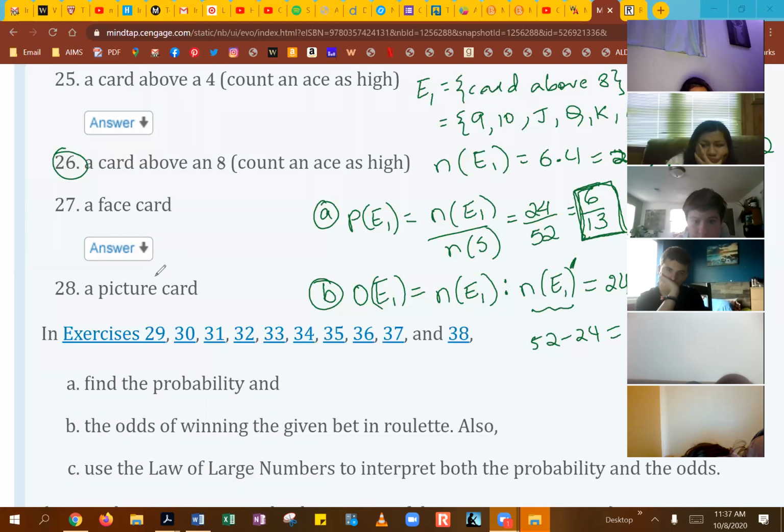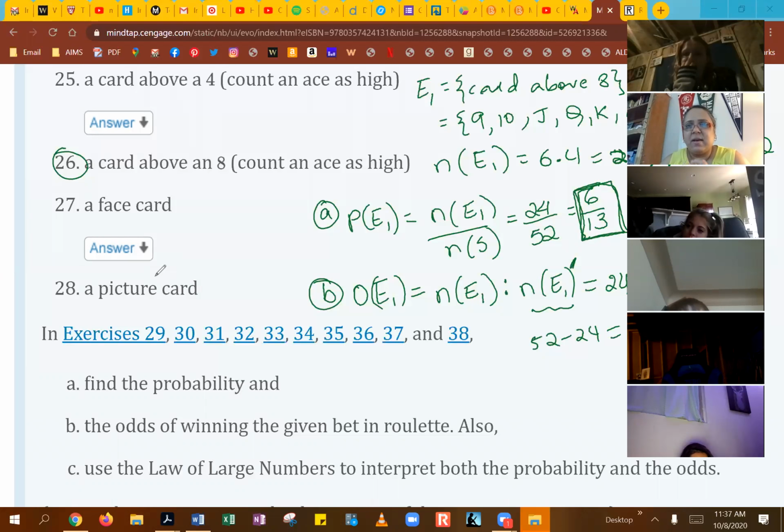Okay, so Burgundy, you're not entirely sure since you have that question mark on that.